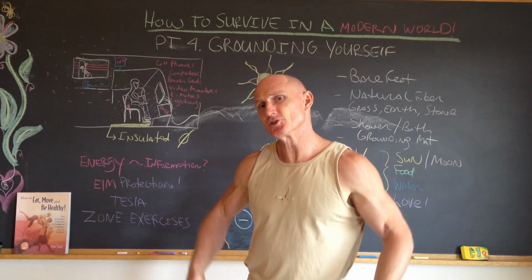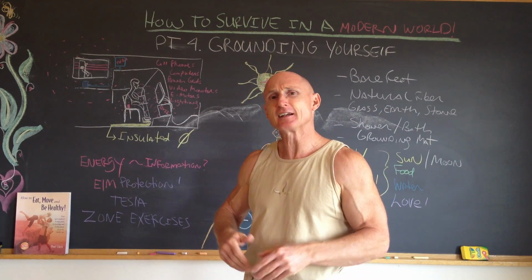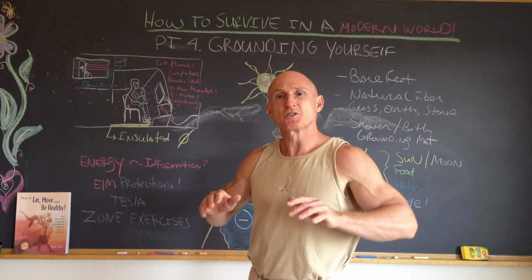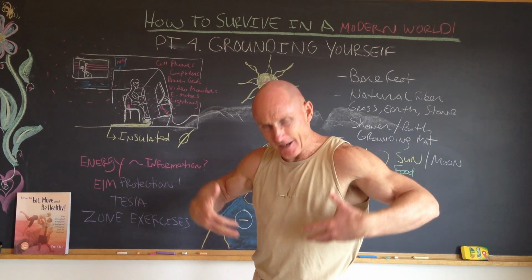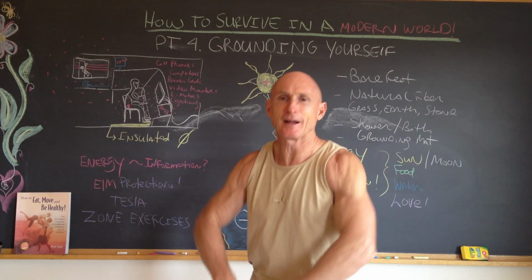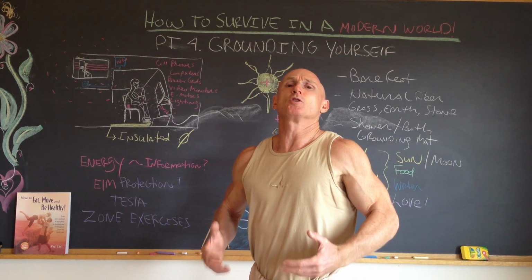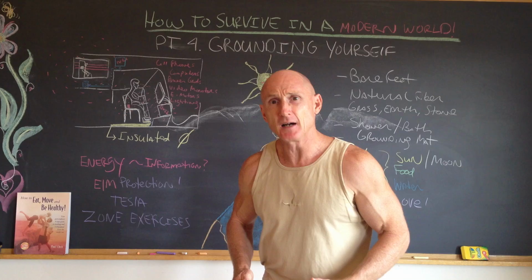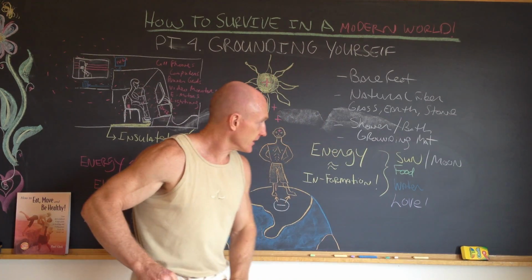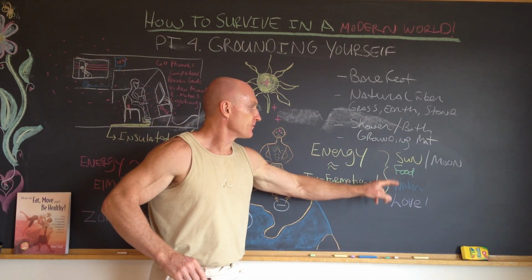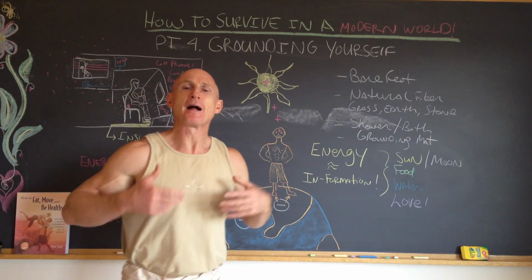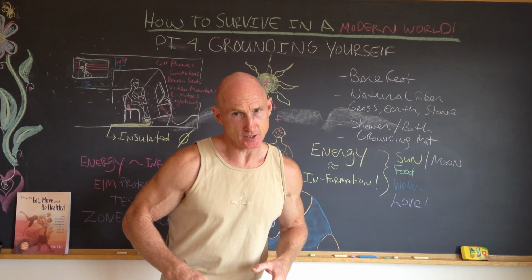So when you put shoes on your feet, if they're made of any kind of an insulator, it will stop the flow of electromagnetic pollution from being grounded into the earth, and that will cause your body to literally buzz.